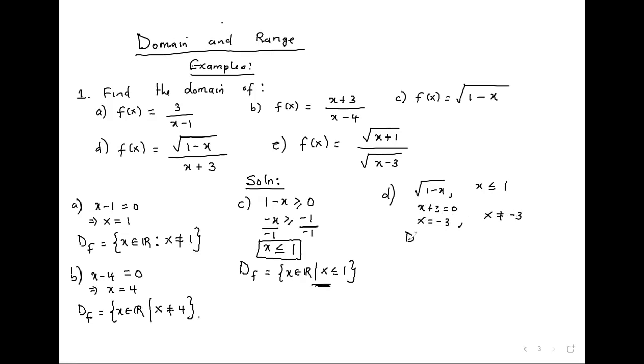So the domain of the whole function f is going to be x, a real number, x less or equal to 1. But because -3 is found in this interval, we mention that x is not equal to -3. In other words, the domain of this function is the intersection of the two domains for the numerator and for the denominator.